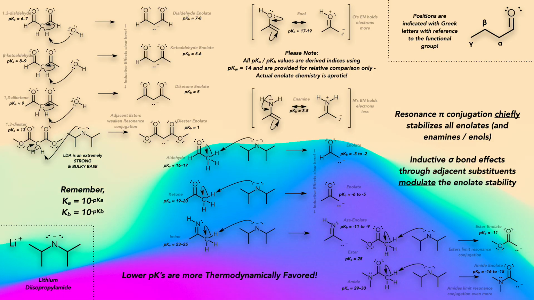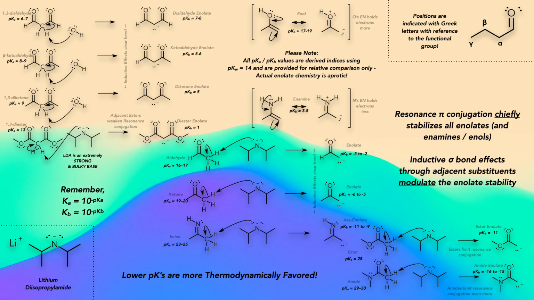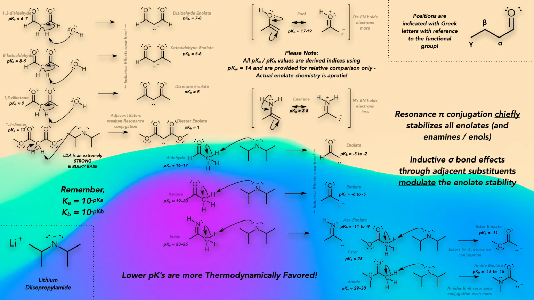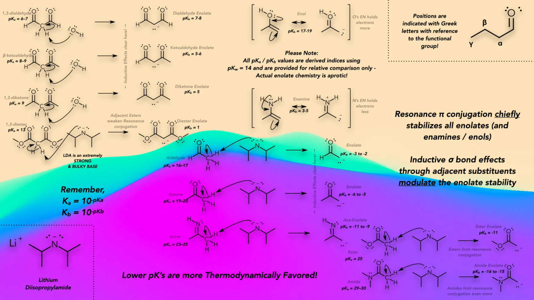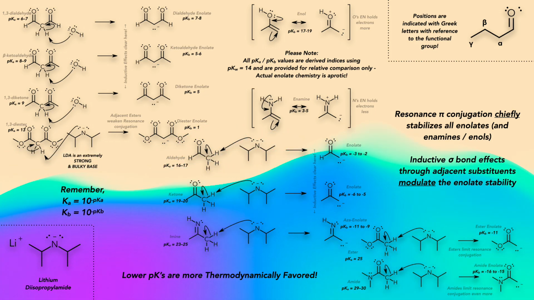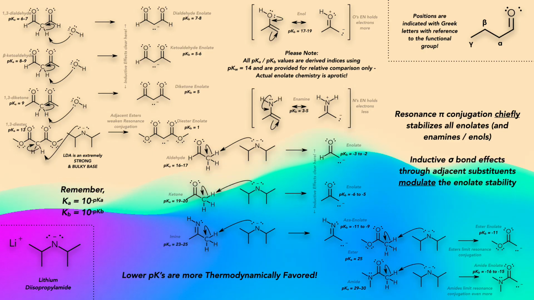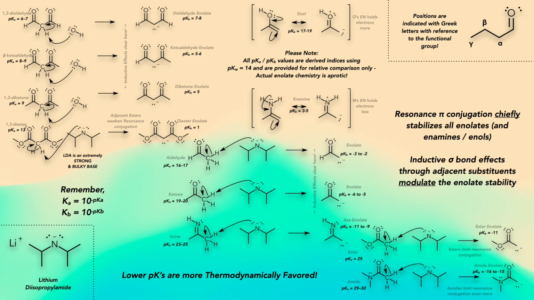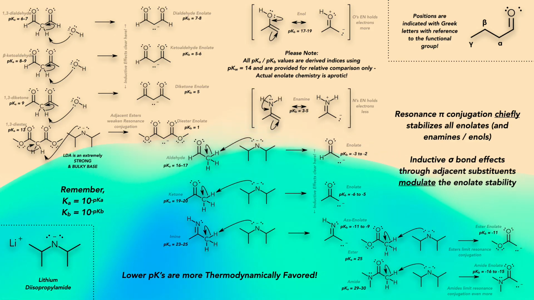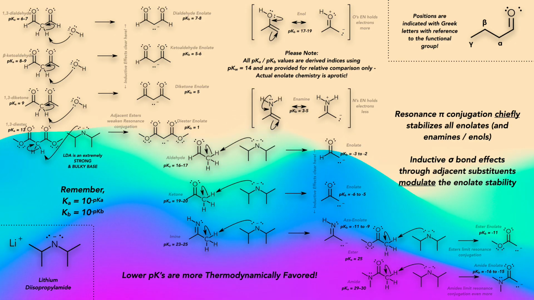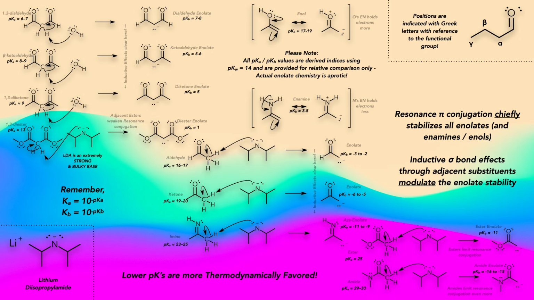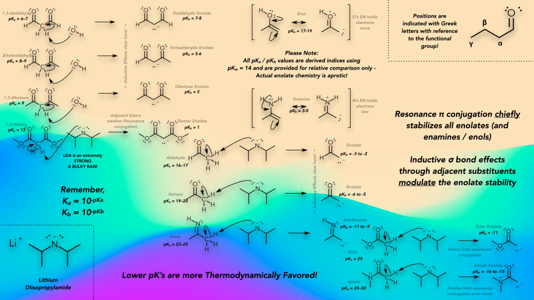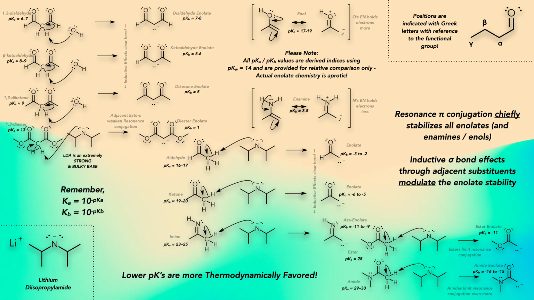For example, aldehydes and ketones have pKa values around 17 to 20, while esters are less acidic and amides are even less. The key idea is that resonance stabilization and inductive effects determine how stable the resulting enolate will be. More stabilization means a lower pKa and easier enolate formation.